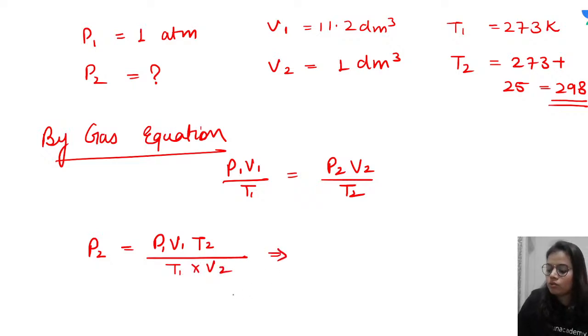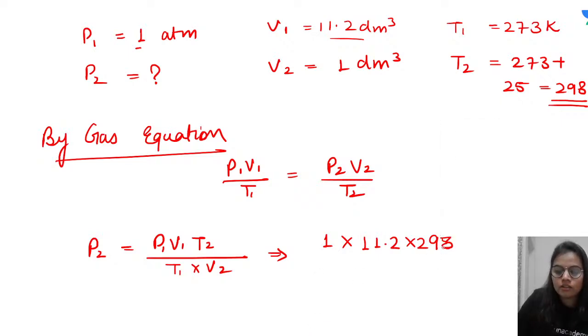Now, if I put the values: P1 is 1, volume 1 is 11.2, T2 is 298, T1 is given as 273, and volume 2 is 1.